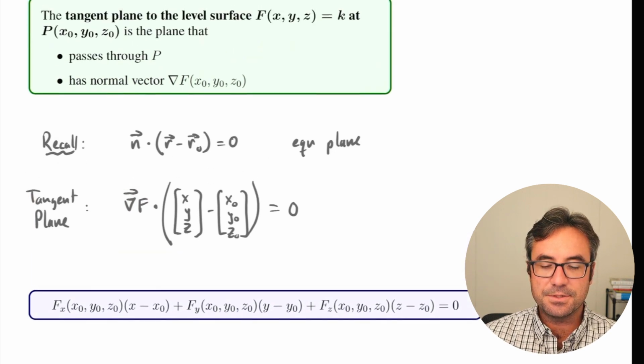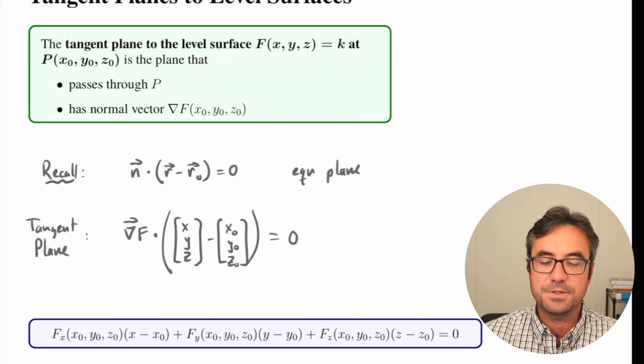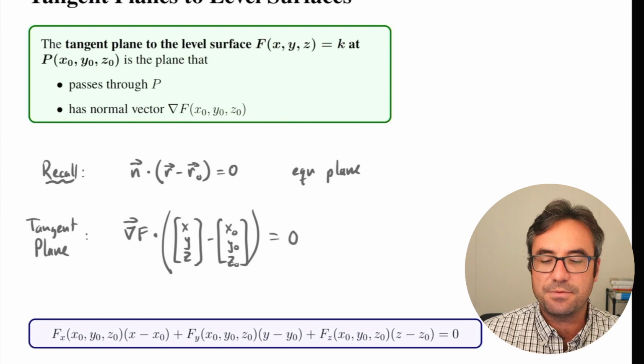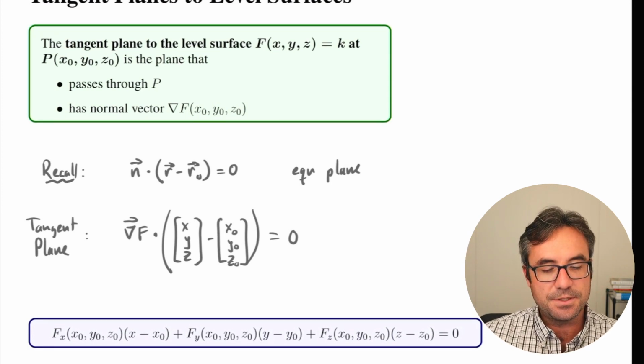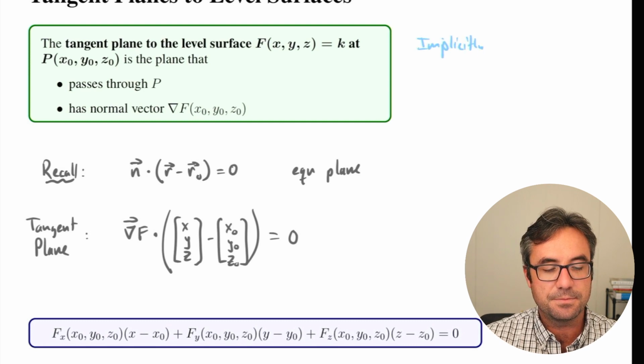And so this allows us to think of tangent planes to not just level surfaces, but maybe implicitly defined functions. So we can also use this if we have an implicitly defined function.